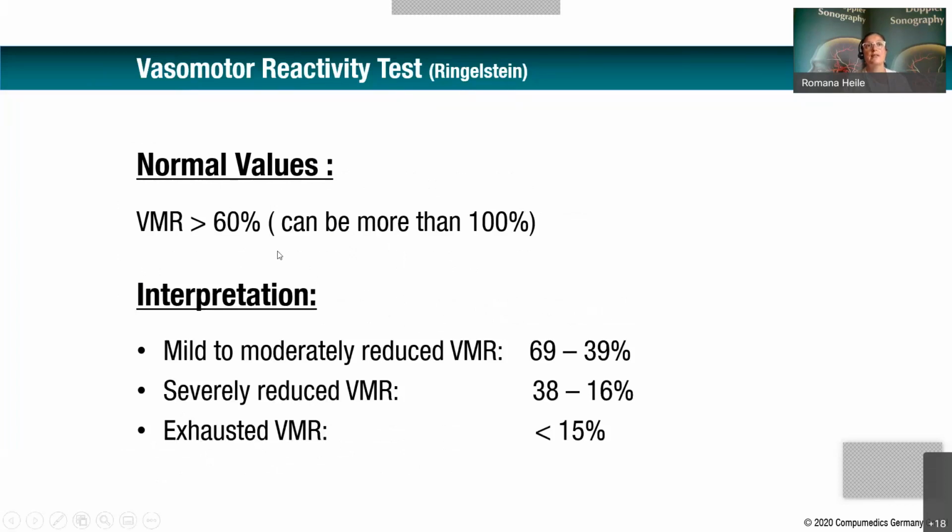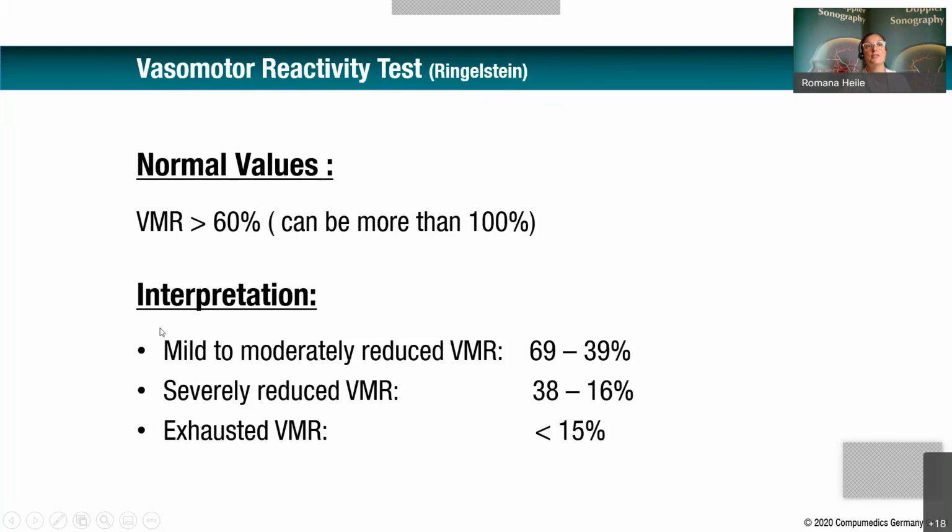According to Ringelstein, we get only VMR expressed in percent, and what is normal should be above 60%. Everything above 60% is supposed to be normal.